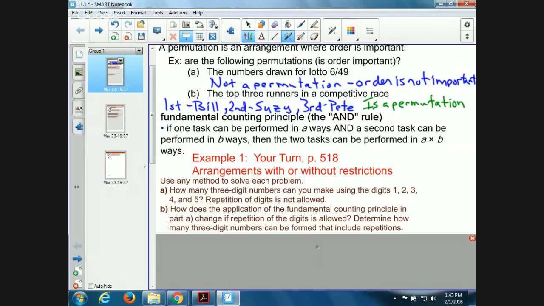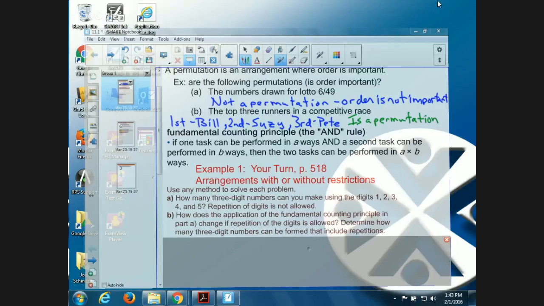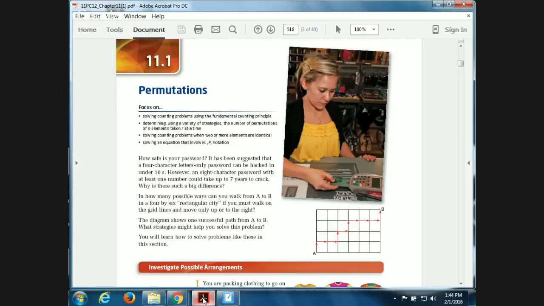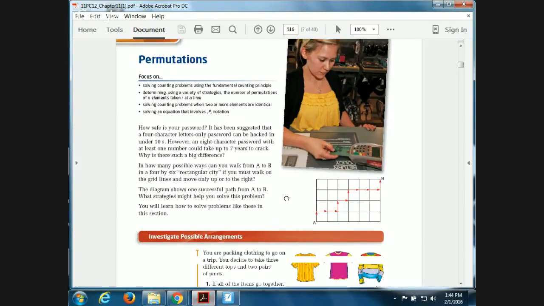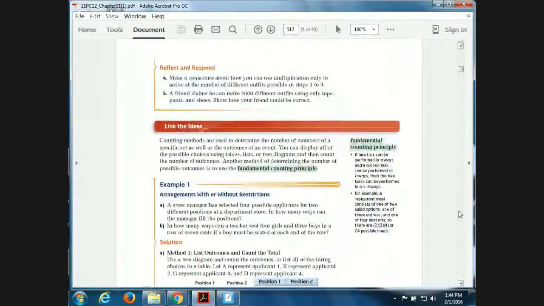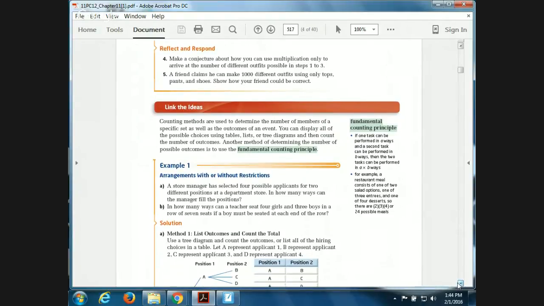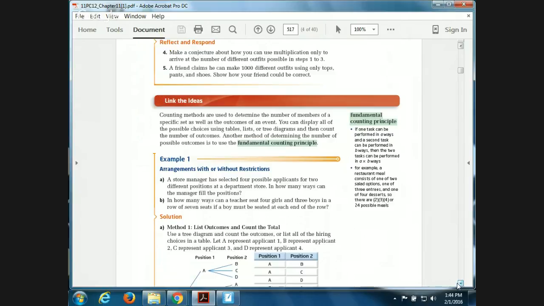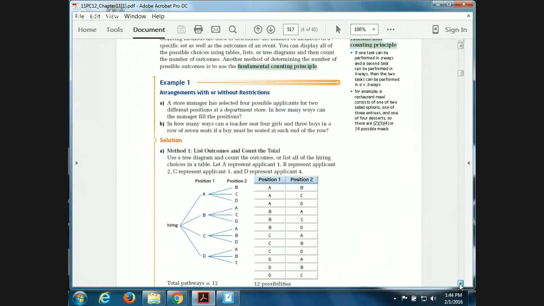Example 1 from page 518 in your textbook. I'll show you what I mean here. On page 518, first of all, there's example 1. I'm not doing that. I'm doing what follows. You should probably read through this either before or after we do this example.